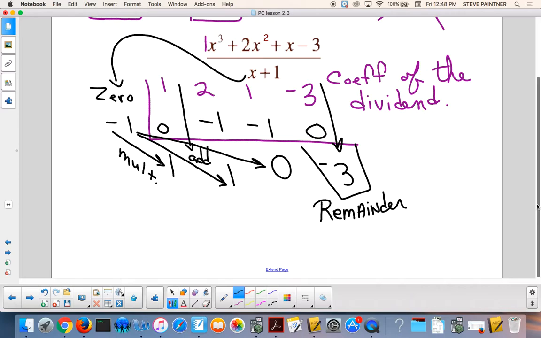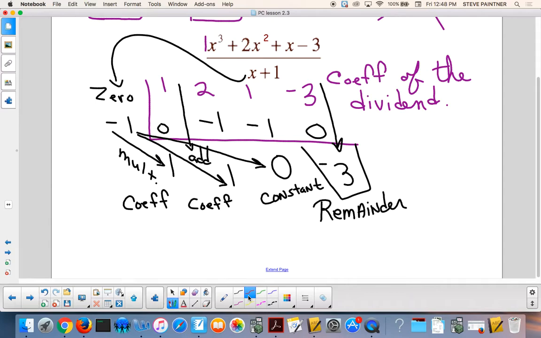Then the next number next to it, no, this is your answer, by the way. This number is the constant of your answer, which we have nothing, by the way. Now this one and this one, these are called coefficients. That's a coefficient, that's a coefficient of what?